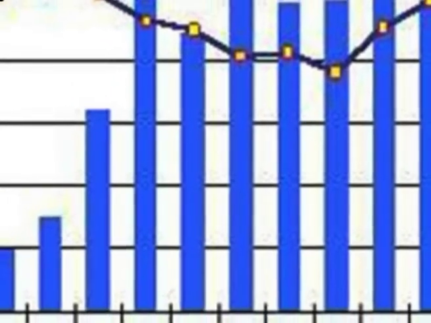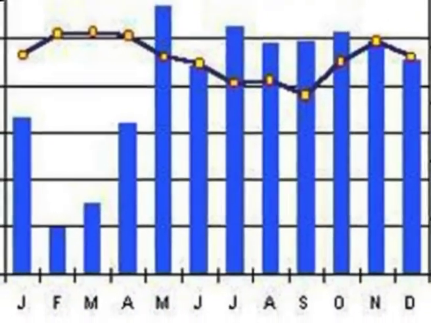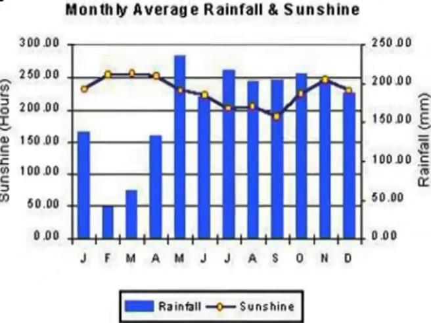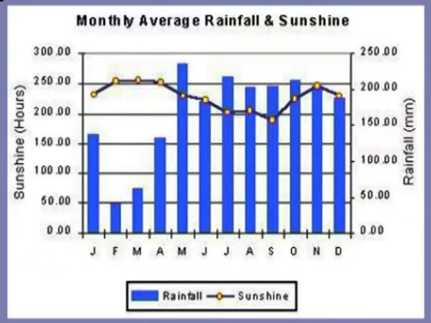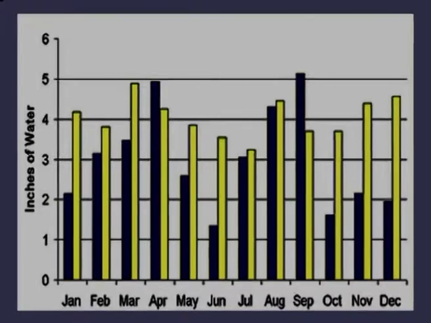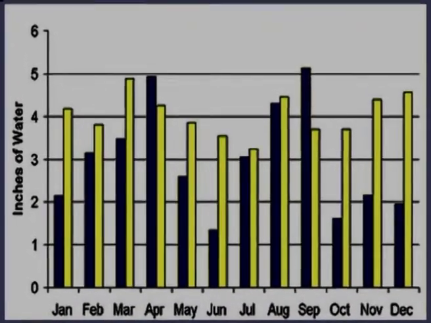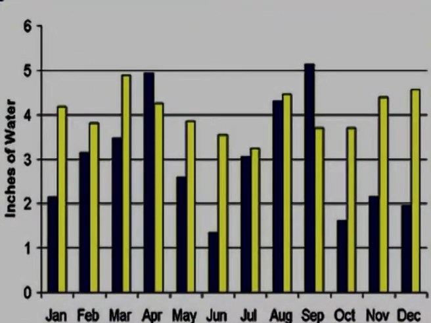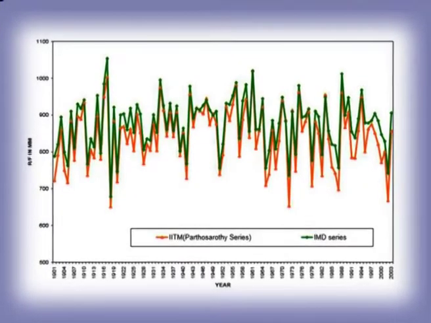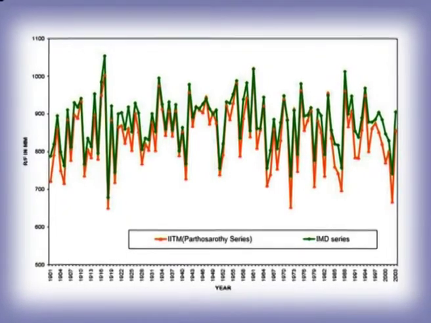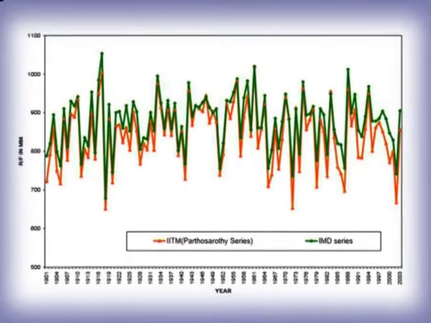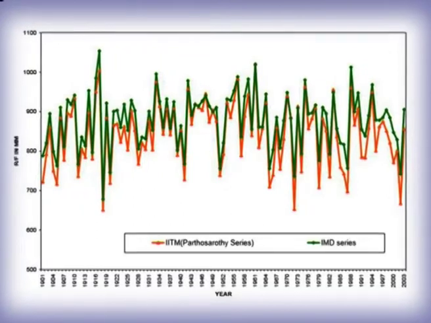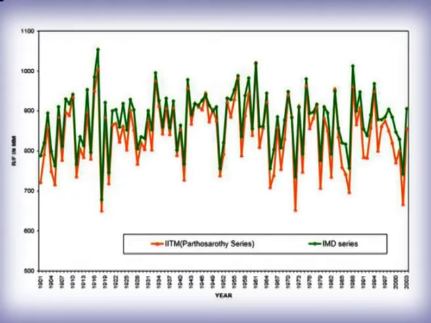For example, we can show the variations in amounts of average annual rainfall in India over a period of 100 years by means of a trend curve, as shown in the figure.